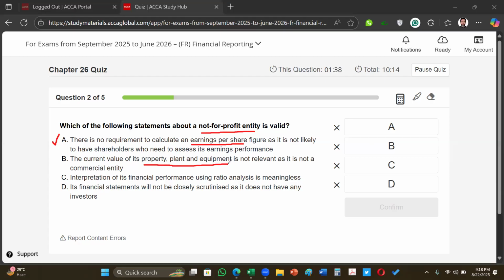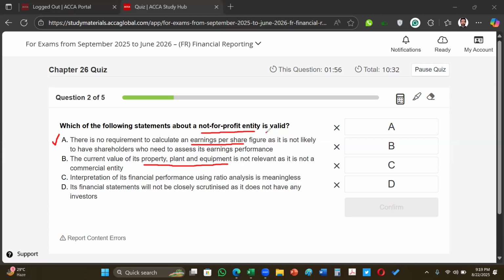Okay, because property, plant, and equipment does not come cheap. The buildings, the property, the equipment, these could be in the ownership of a not-for-profit entity, so they are very important for them. It is not irrelevant, they are quite relevant. So this statement is not correct.